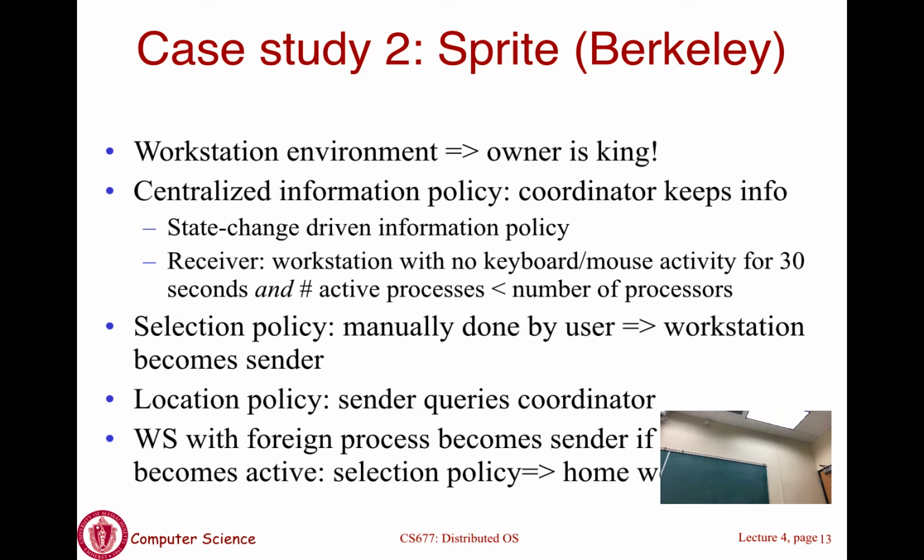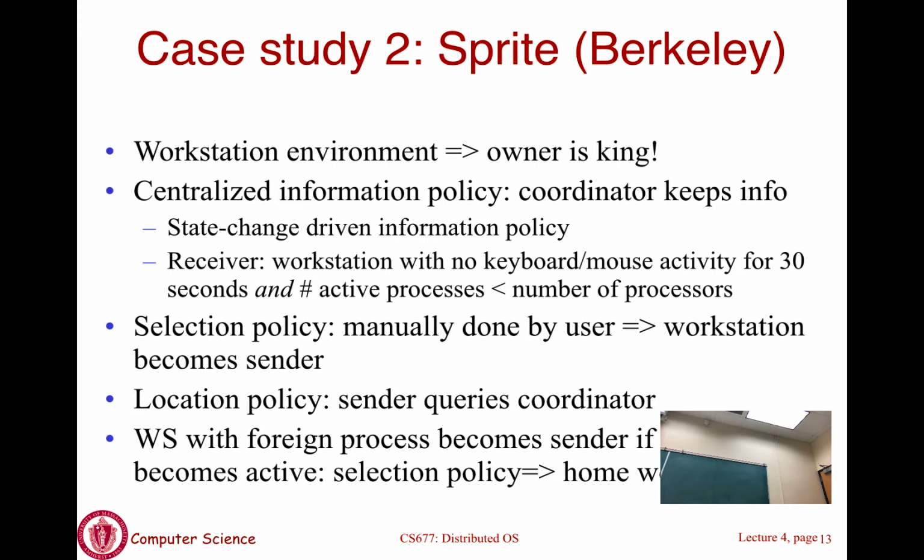So there's a centralized node that knows all the receivers in the system. These are all machines that have not been used by their users for at least half a minute, and they have at least one processor idle. So the coordinator has a list. As soon as there's a sender, you ask the coordinator, and it says, go run it on machine I. So then you run the job on machine I.